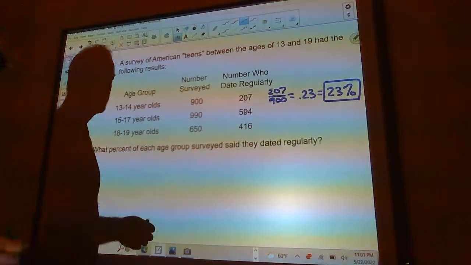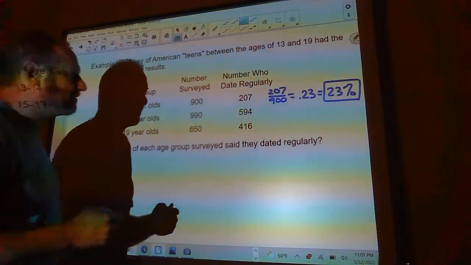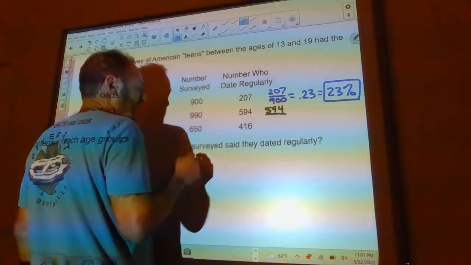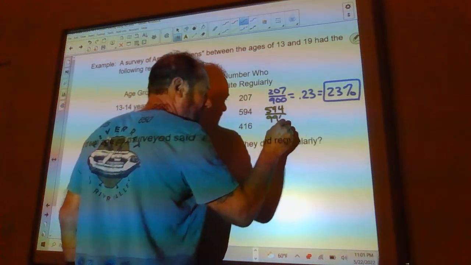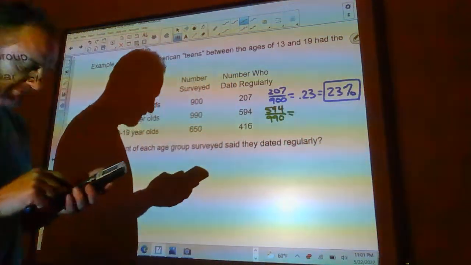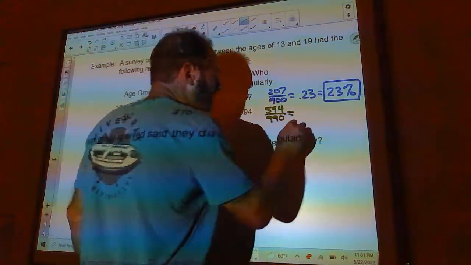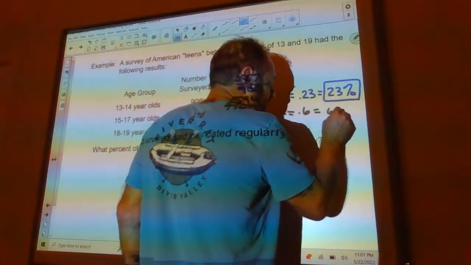Next up, 15 to 17-year-olds, we've got 594 out of 990. 594 divided by 990 is 0.6, which would be 60%.